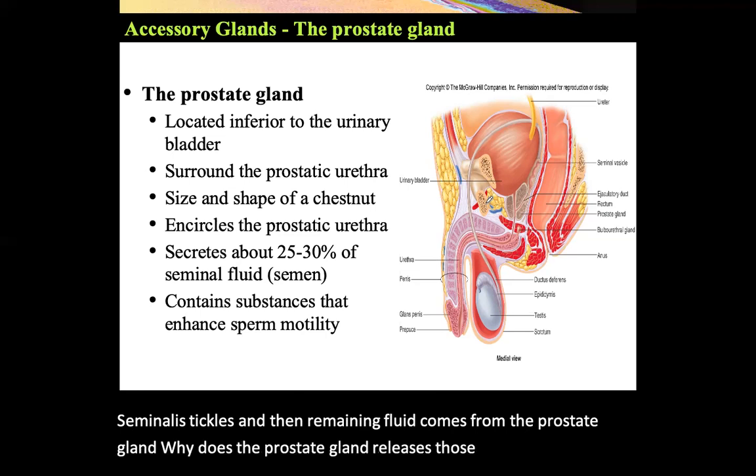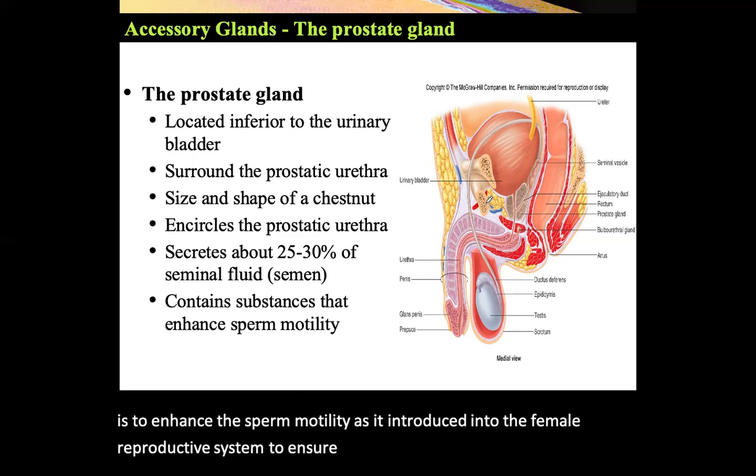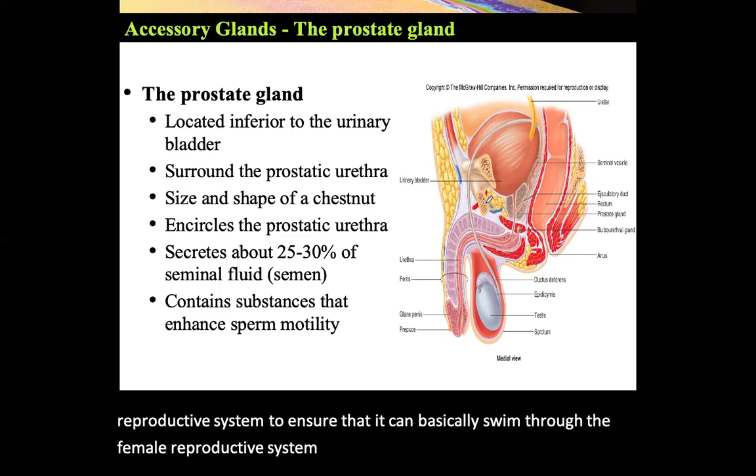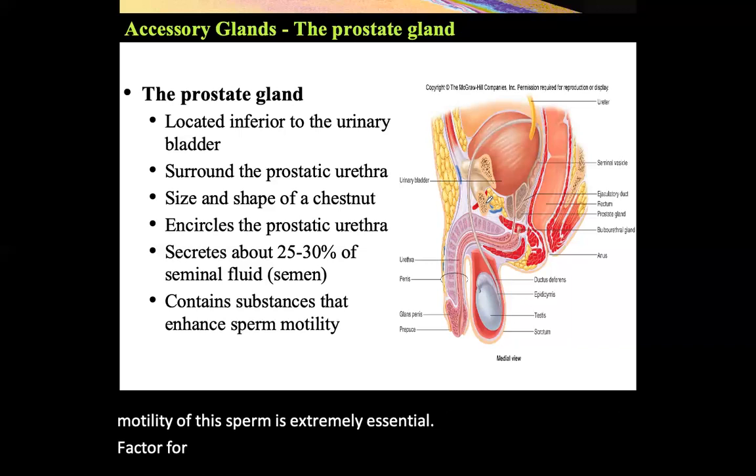The main goal is to enhance sperm motility as it is introduced into the female reproductive system, to ensure that it can swim through the female reproductive system and have the ability to fertilize the egg. So motility of the sperm is an extremely essential factor for the ability of a male to fertilize a female.